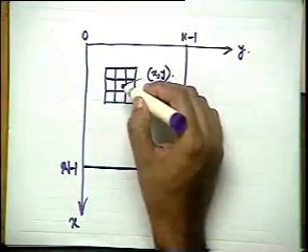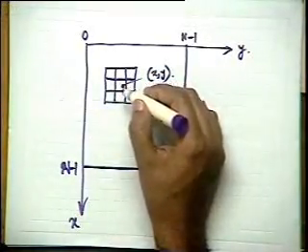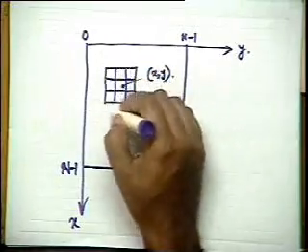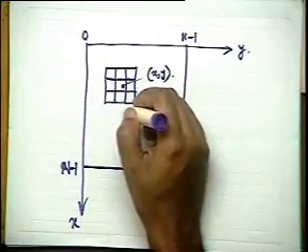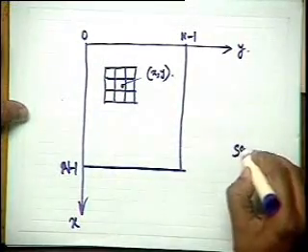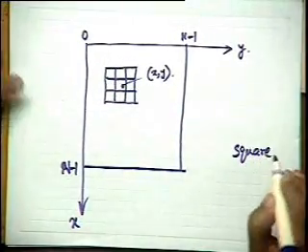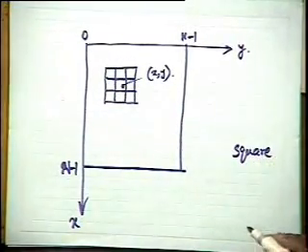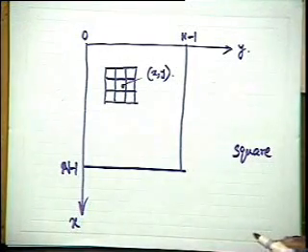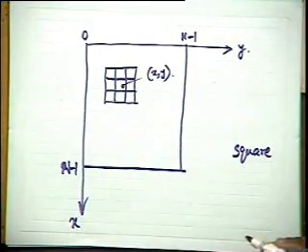Here, just for simplicity, I have chosen a square sub-image, but there is no hard and fast rule that you have to choose a square sub-image only.